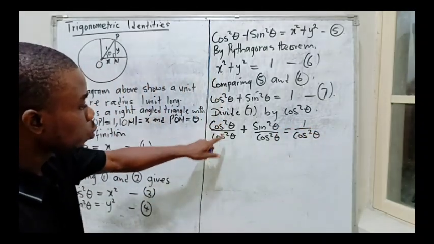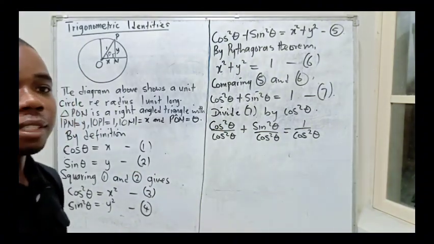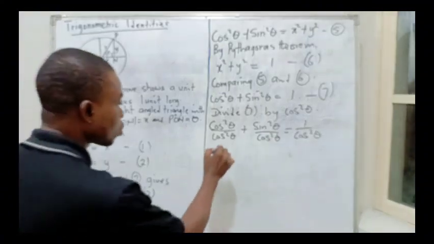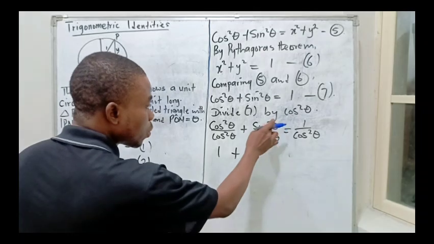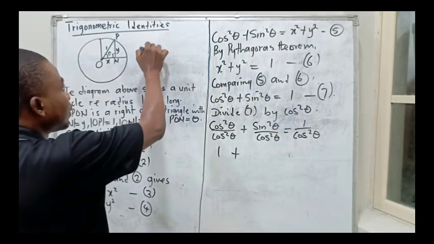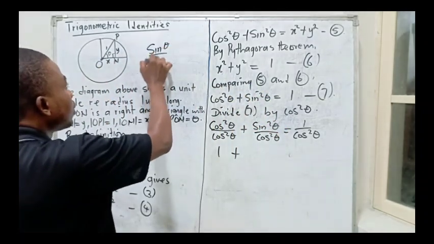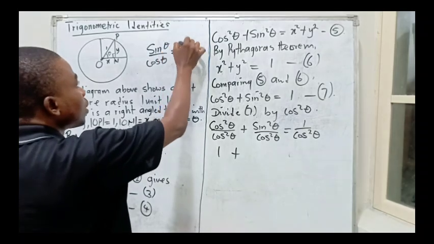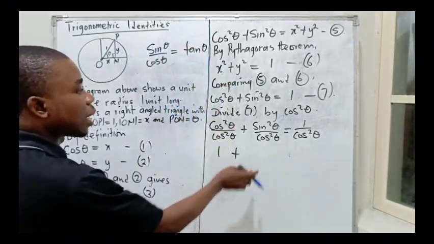When a given number is divided by itself, we always have 1. So we have 1 plus, remember that sin theta over cos theta is equal to tan theta, so we can replace this by tan theta.